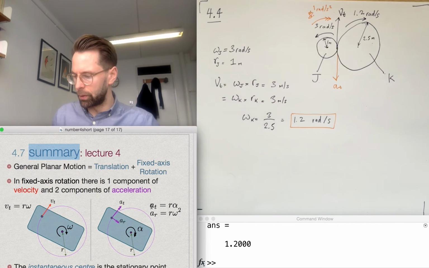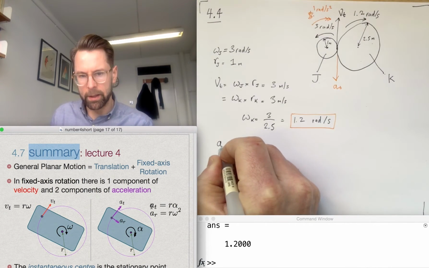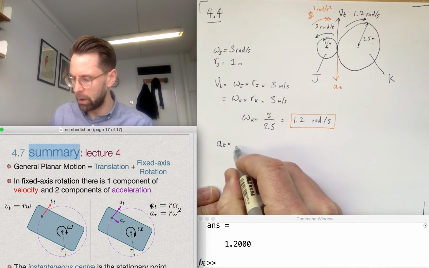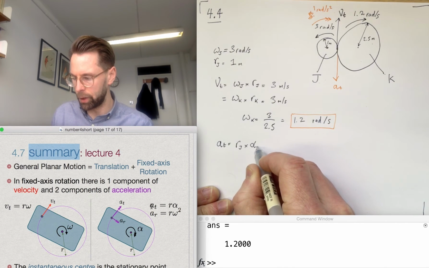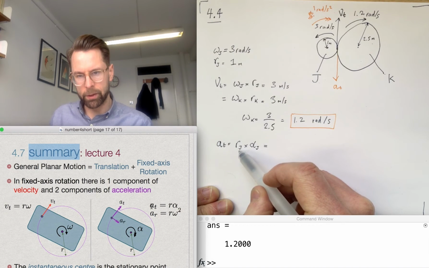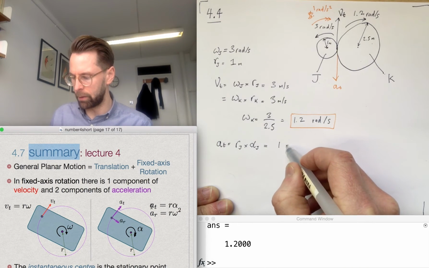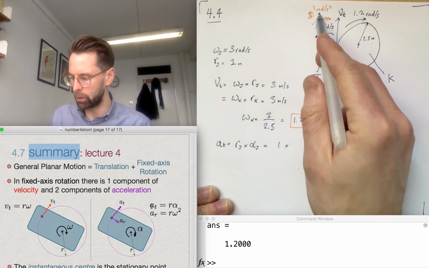The tangential component of acceleration, AT, is equal to Rj times alpha j. So that's the radius of the disk j, which is 1, times the angular acceleration of disk A, which is also 1.